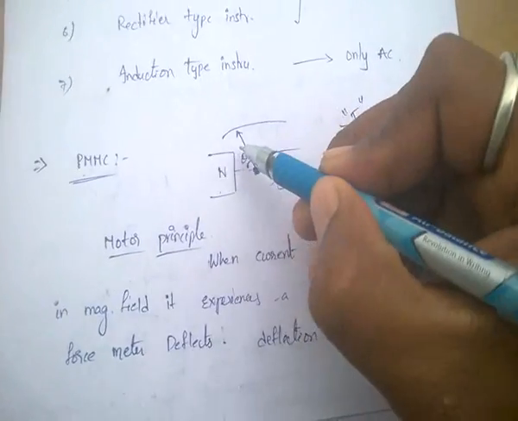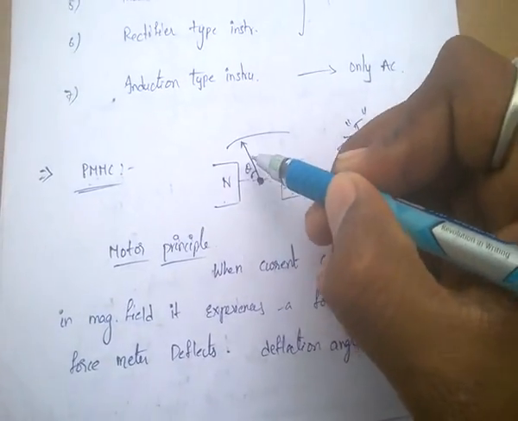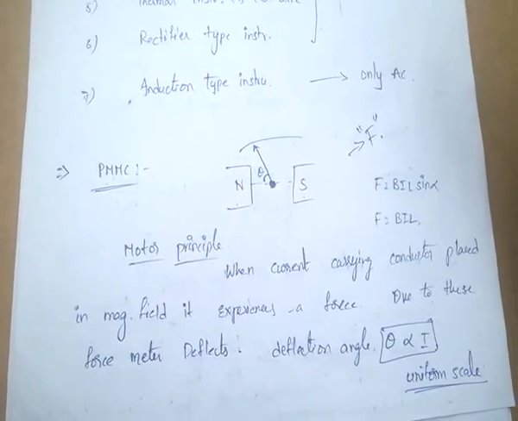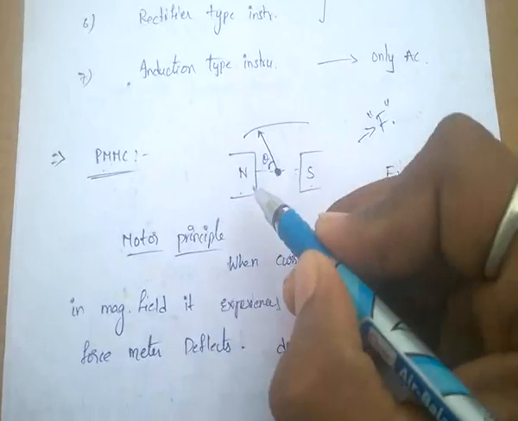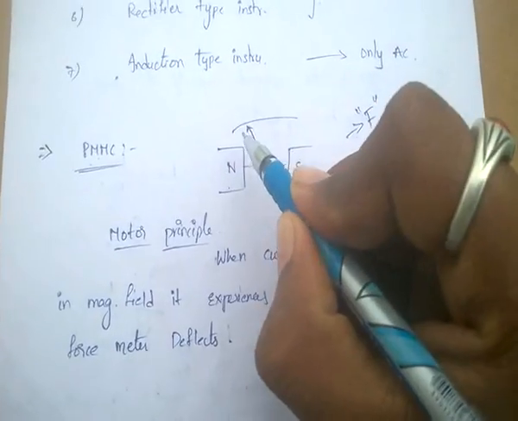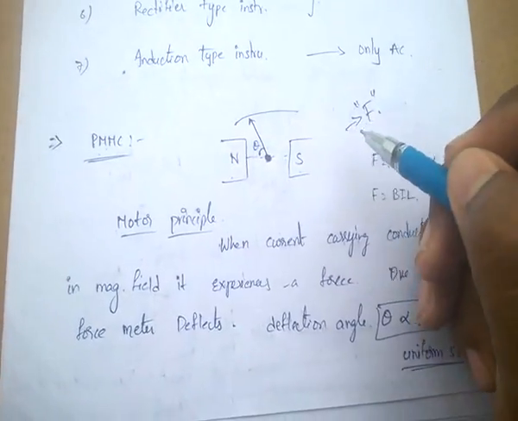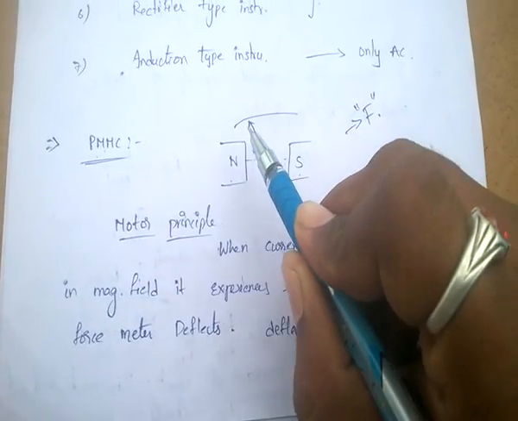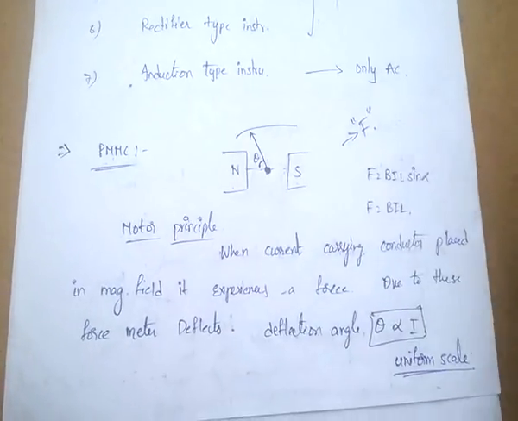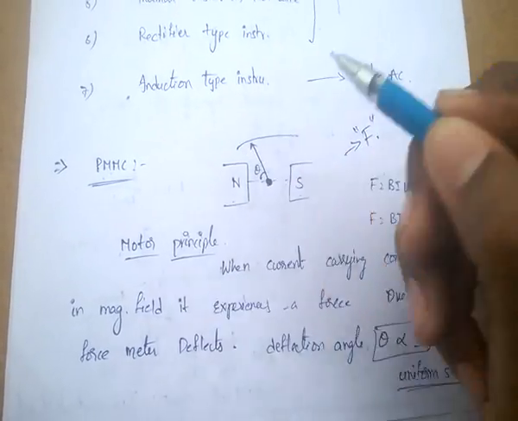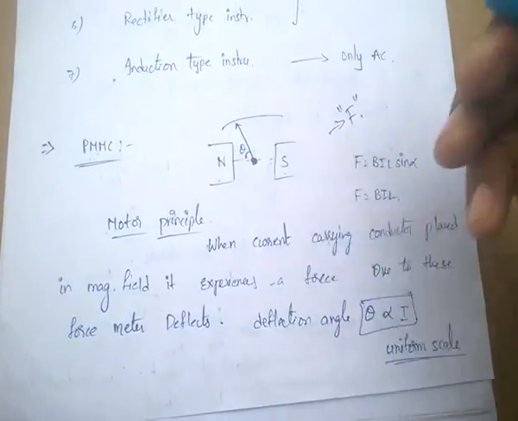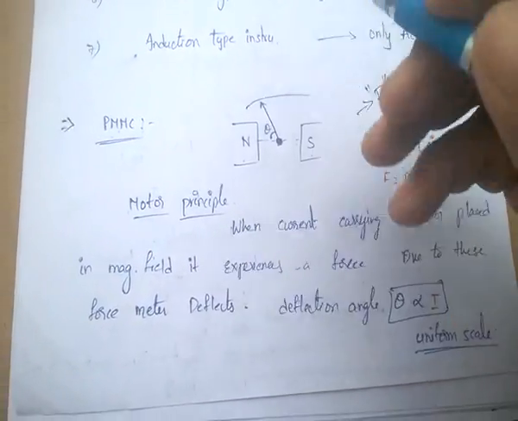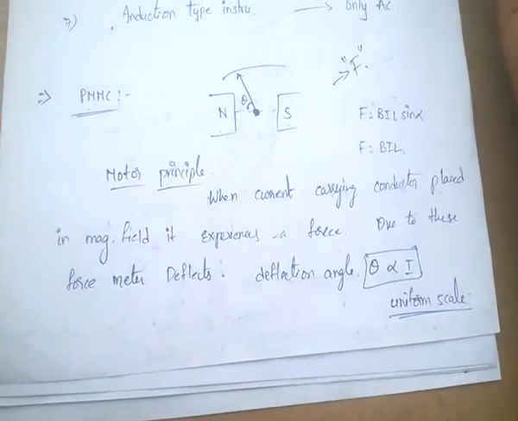So when a current carrying coil, whose current we have to measure, is placed in a magnetic field, it experiences some force. Due to this force, the pointer deflects from its initial position. The deflection angle, that means the pointer moving angle, is proportional to the current which we applied.